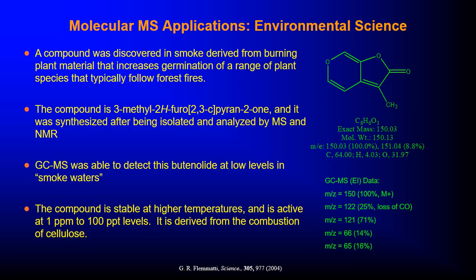In environmental science, a compound was discovered in smoke derived from burning plant material that increases germination in a range of plant species that typically follow forest fires. You may have observed this: even if you burn charcoal and grow maize on that same ground, you find the maize is much greener and gives a good harvest.